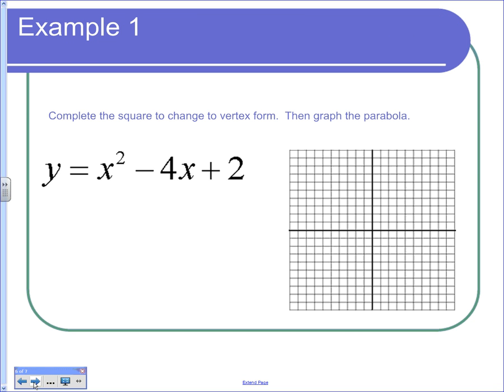Right now, what form is it in? How are we going to change it to vertex form? What does it say? Complete the square to change to vertex form. Complete the square to change it to vertex form.